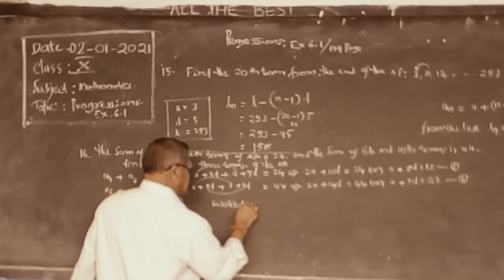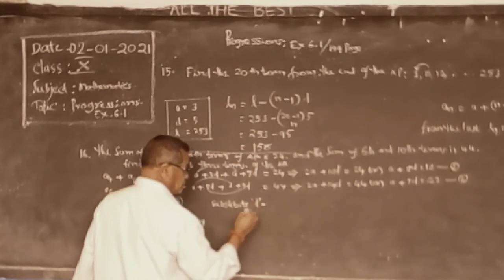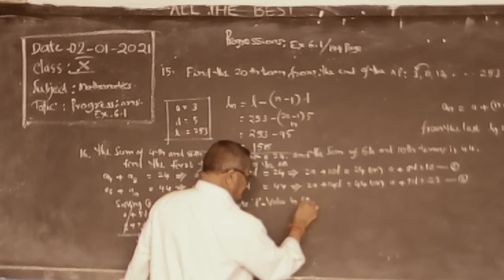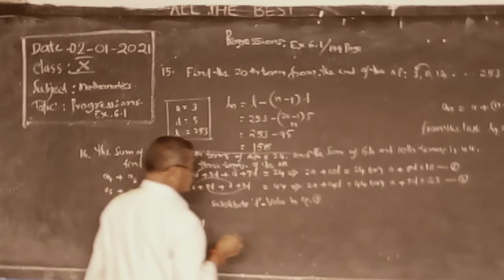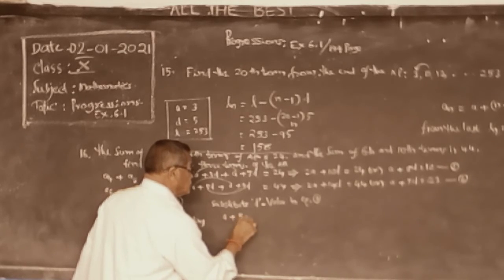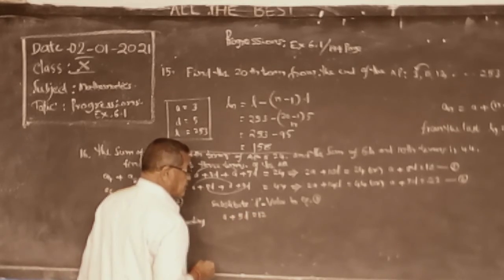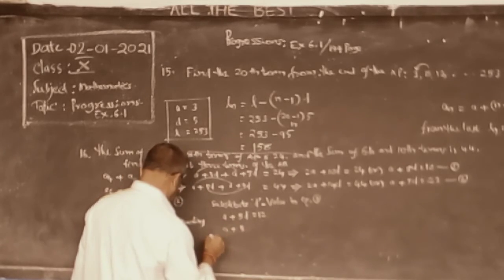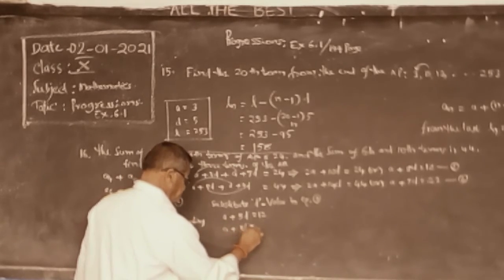Substitute the D value in equation 1. What is equation 1? A plus 5D is equal to 12. A we don't know, D value is 5.